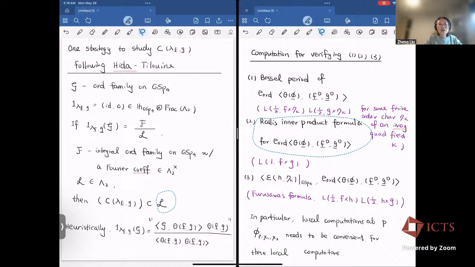So we need to divide by the period, which is a Petersson norm of f, to get it algebraic, and then we need to multiply by a congruence number associated to f to get it p-adically integral. After this renormalization, it will be an integral p-adic value and can vary in a family.